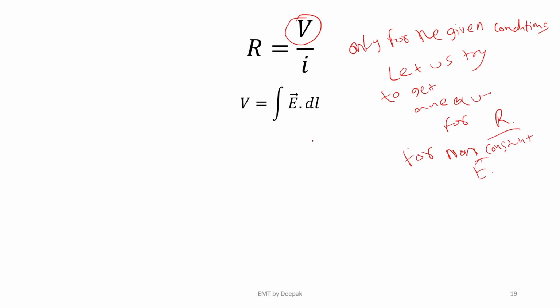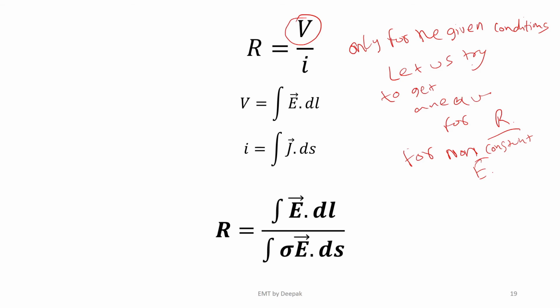I have removed the negative sign for obvious reasons, since resistance can't be negative. The current for a non-constant cross-sectional area is the integral of J bar dot ds. Now if I substitute them, I get R equals the integral of E bar dot dl divided by sigma times the integral of E bar dot ds.